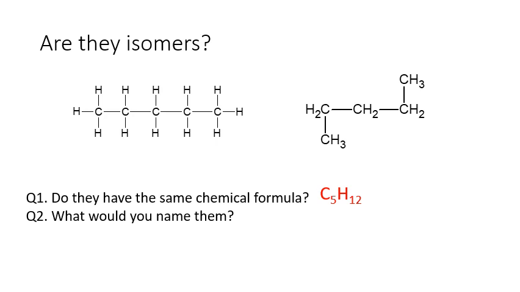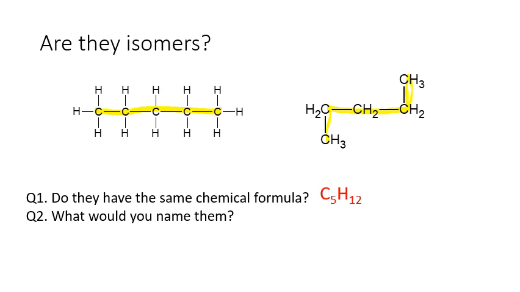Well, we go through the systematic naming process. You look for the longest chain. So we've got 1, 2, 3, 4, 5 carbons in the longest chain. Now this one here looks like it's a branched molecule, but in actual fact it's not. It's just drawn with rather unusual bond angles. So if you look here, this is 1, 2, 3, 4, 5.